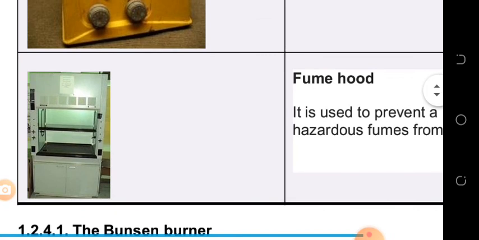So we perform that experiment using a fume hood so that it can prevent a person from getting those hazardous fumes.